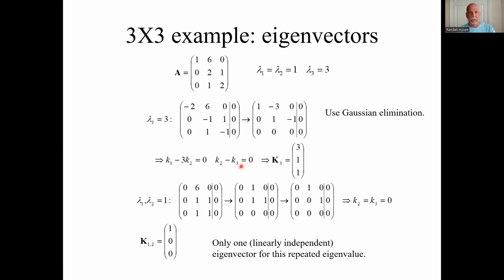This satisfies these equations. You have to do a little bit of algebra here, right? Because each of these rows corresponds to an equation. Little k's are the elements of the big K vector, or n by 1, in this case 3 by 1 matrix.